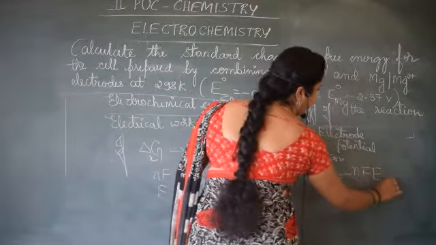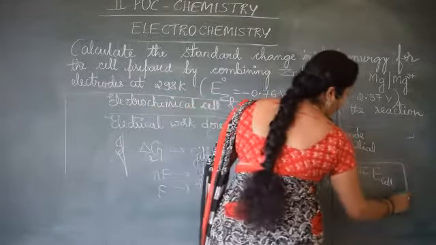E means cell potential, E cell, so minus nF E cell.